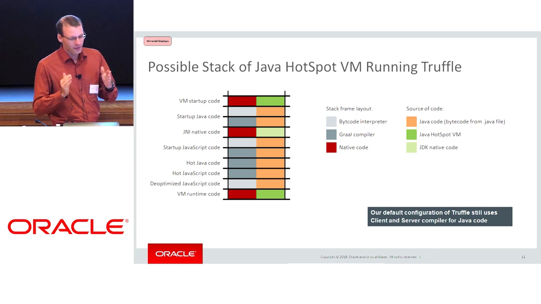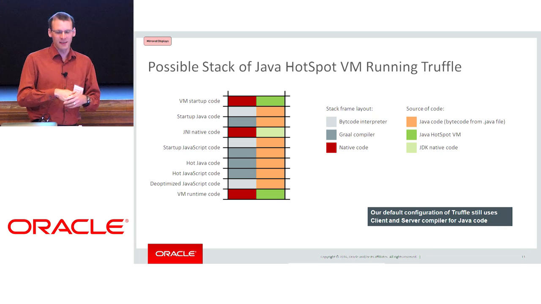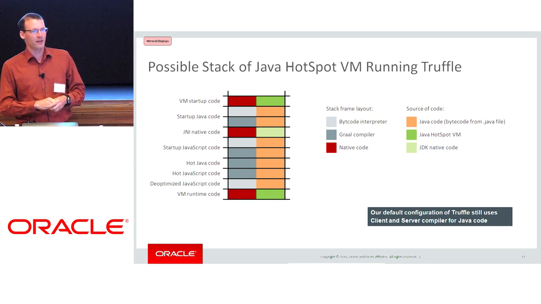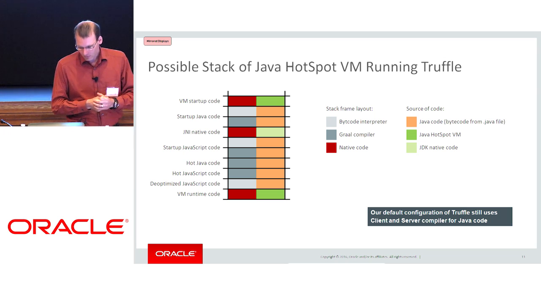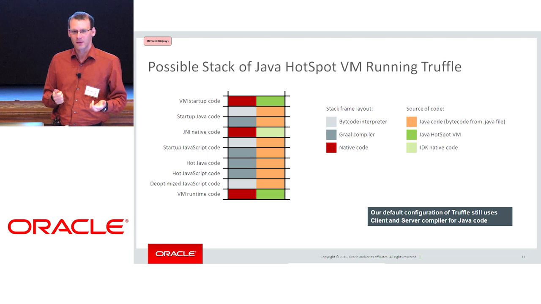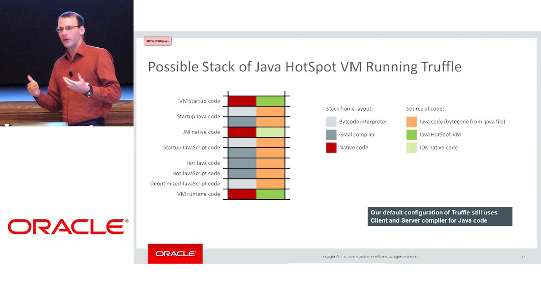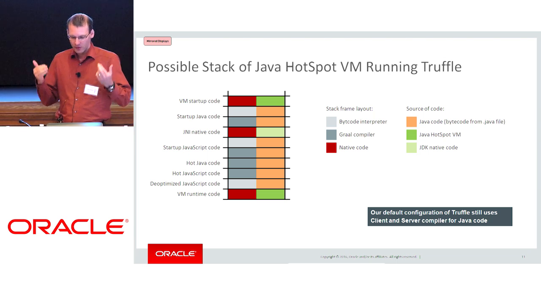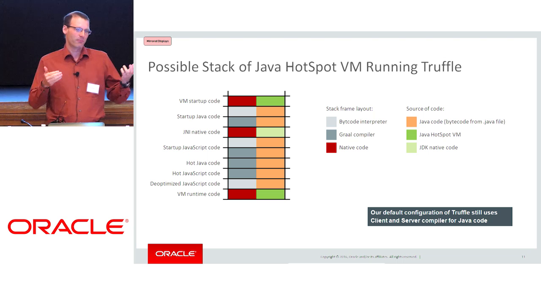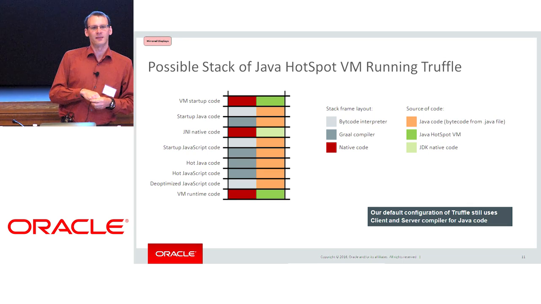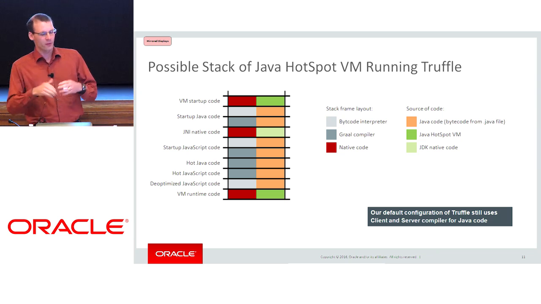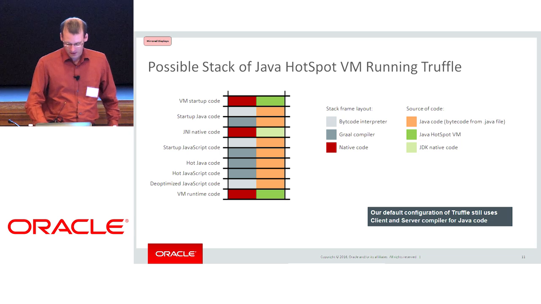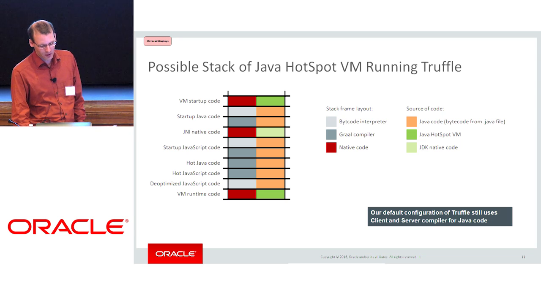But on the left-hand side, our physical stack layout is still exactly the same as before. There is no improvement on that side, because you still have your native code, you still have your bytecode interpreter frames, you still have the compiled frames, and, well, you have Graal compiled frames now, but they have the same stack frame layout as the client and the server compiler had before. So running on top of the Hotspot VM with Truffle is not really simplifying our life.